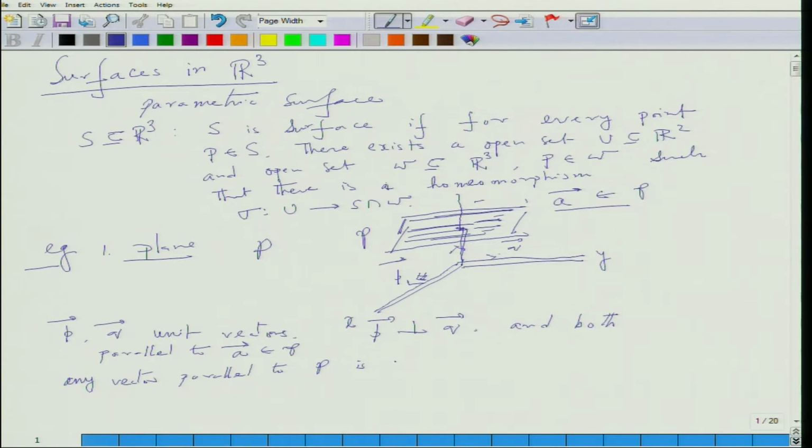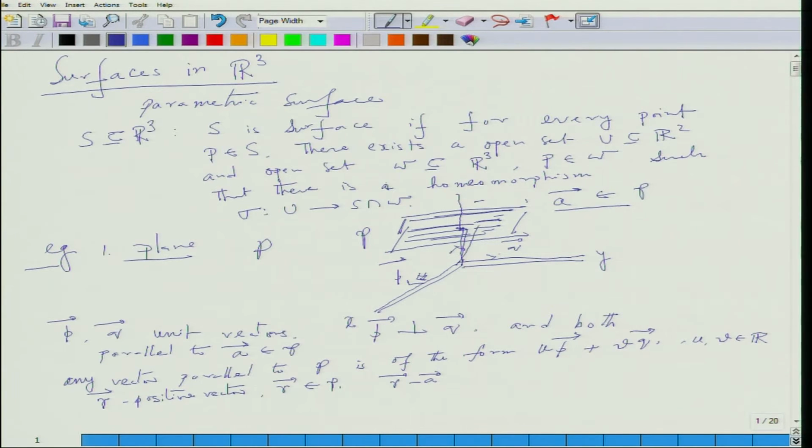So, it will be of the form u P plus v Q, with u and v belonging to R. So, if R is any vector in the plane P, then R minus A is also parallel to the plane.